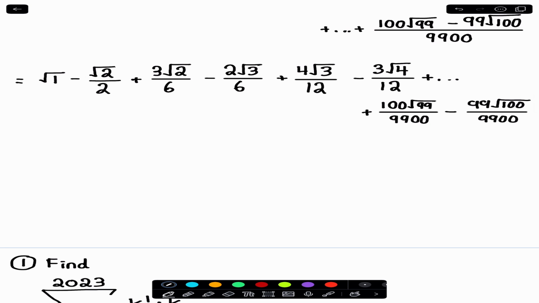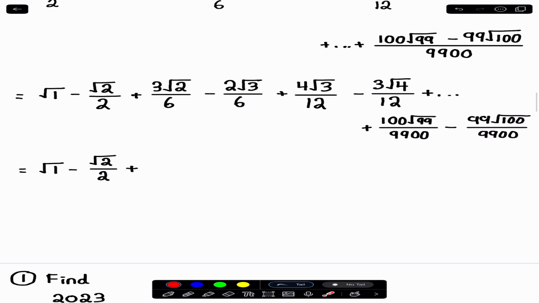Okay, and now let's do some more simplifying. So always remember, in math you want to simplify as much as you can. Because what we have here is we have a factor of 3, which will go away with this 6. This 6 becomes a 2. And now I think you see what we have.